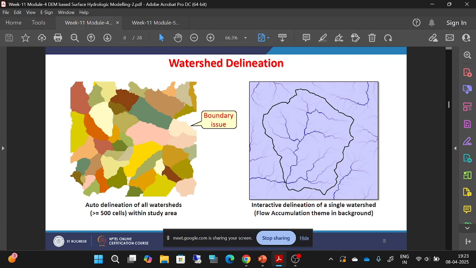Like we are asking it to show us a watershed delineation by keeping in mind that it is greater than or equal to 500 cells and nothing smaller than that. We have the flow accumulation theme in the background of this image, and then we have the watershed boundary here.